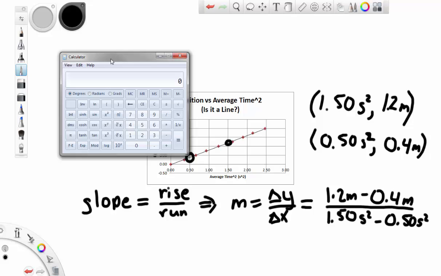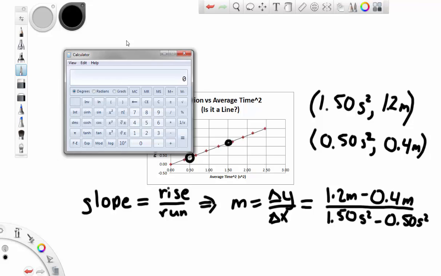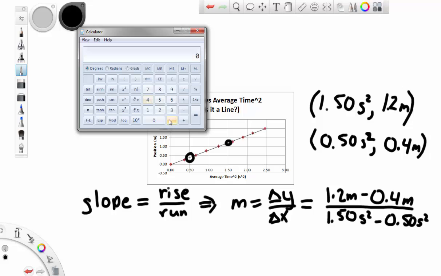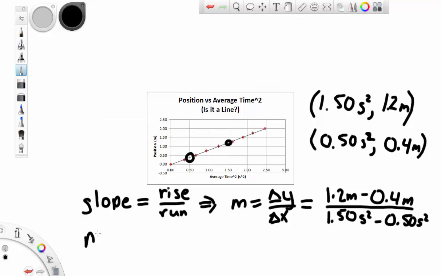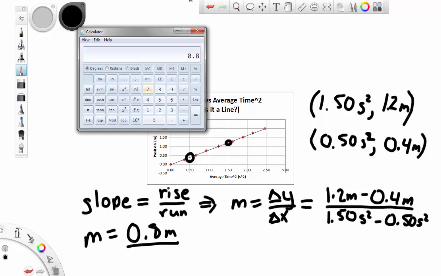Okay. So at this point, it would be useful to pull out my calculator to finish this calculation. So 1.2 minus 0.4 is going to give me 0.8. So I have m is equal to 0.8 meters divided by this time, which is 1.5 minus 0.5 should give me 1.